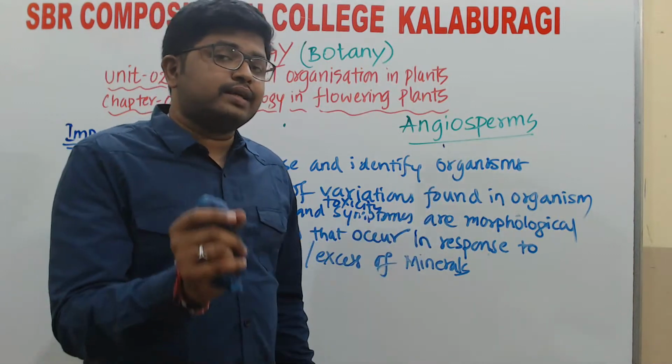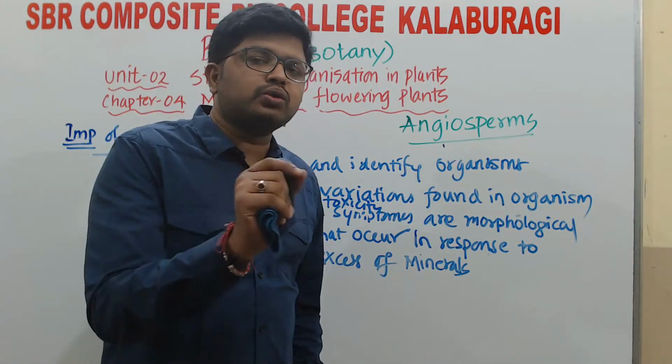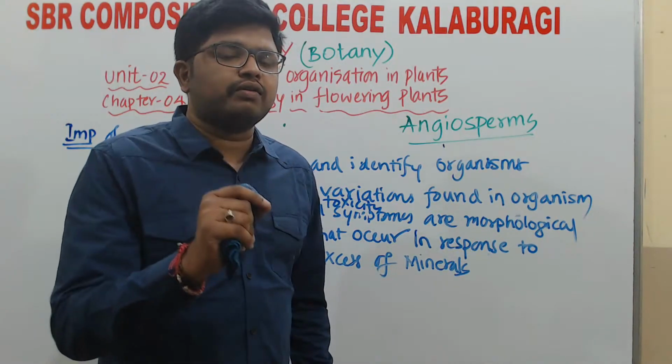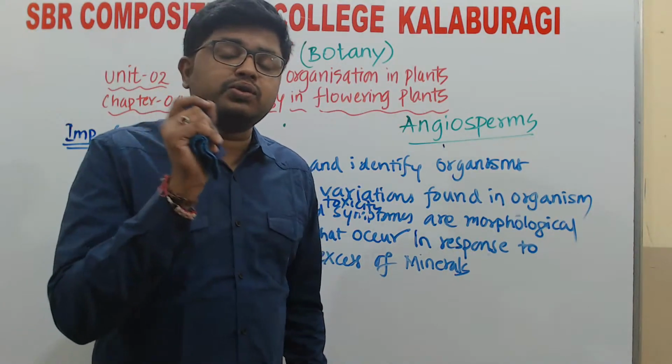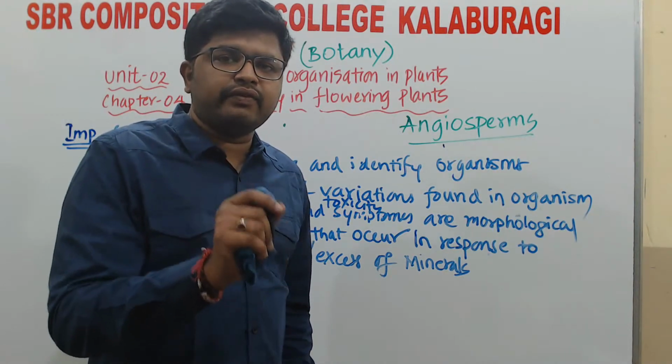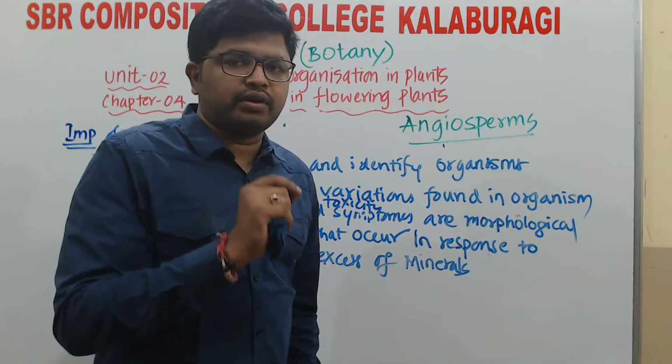Okay, so when we say morphology, you should also know that it is not only restricted to the inflorescence and flower, which I am going to discuss. It also discusses the root, the stem, the leaf, the flower, the fruit.